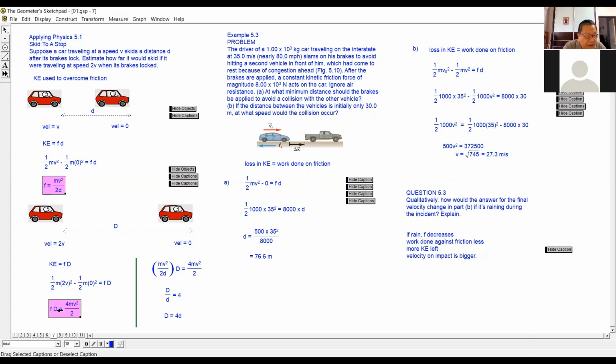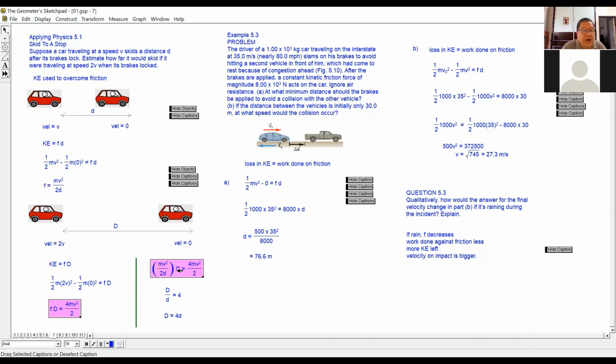So instead of writing F here, I write mv squared over 2d, because I found the frictional force from the earlier case. I substitute this frictional force into the equation.